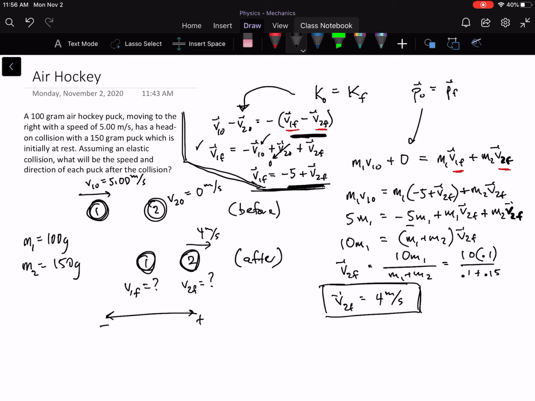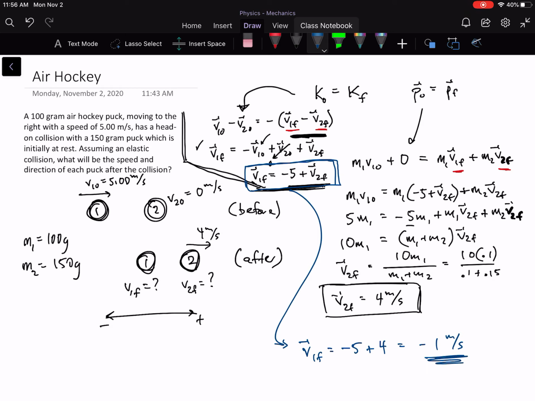All right, and now we can go back to this expression right here to find the other thing that we want. So v1 final is negative 5 plus our final velocity for the second object, which gives us negative 1 meter per second for the other velocity.